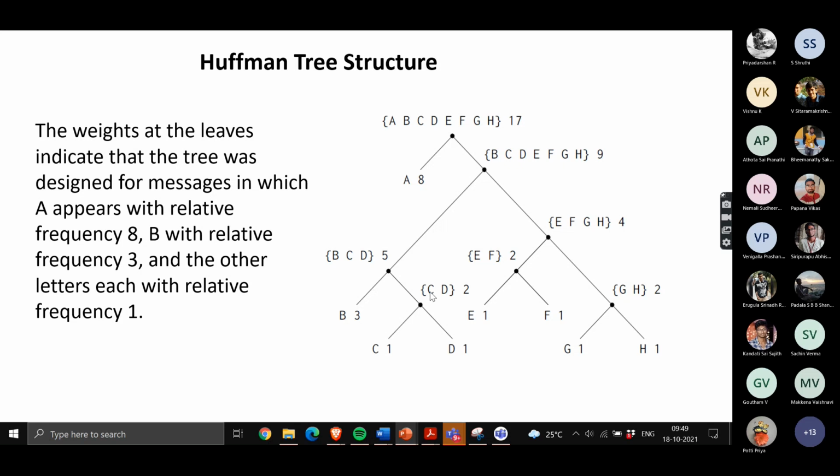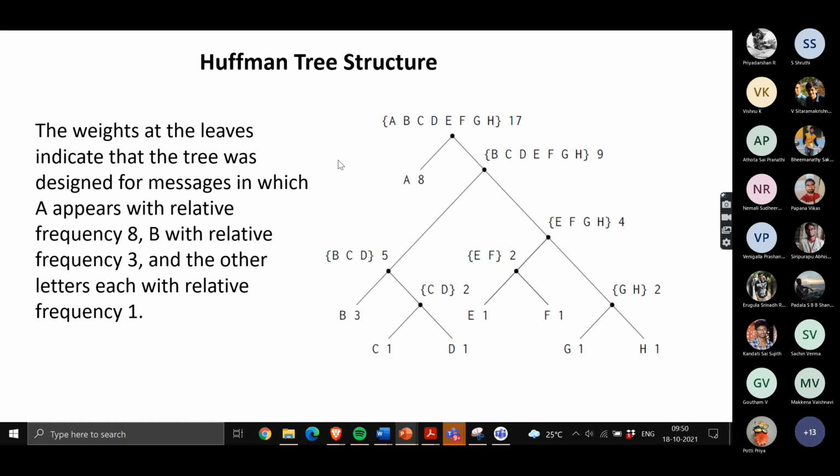The symbol is the combination CD, and then add the weight, 1 plus 1, it is 2. Okay, look at this one, this parent, for the left one you have BCD, and the right one EFGH, so EFGH you are adding it, and what is the weight? 5 plus 4, it is 9.